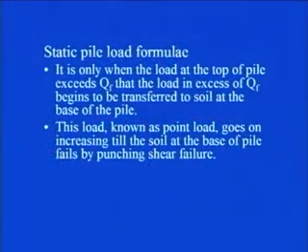The moment it exceeds the value of QF, that is the ultimate skin friction resistance, the excess will get transferred to the base of the pile. This load is known as point load, and this will go on increasing till the soil at the base of the pile fails by punching shear failure.